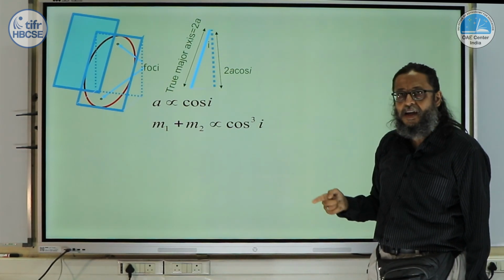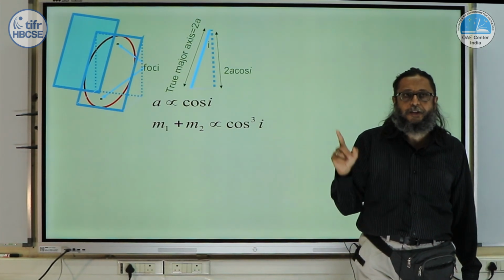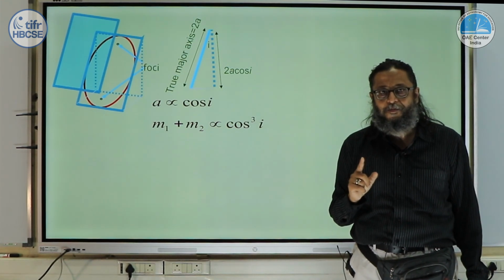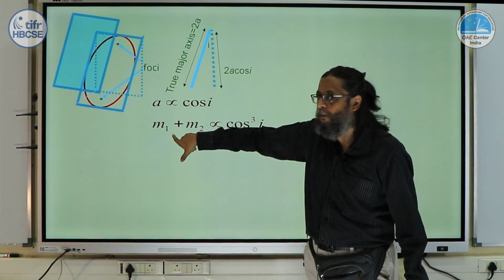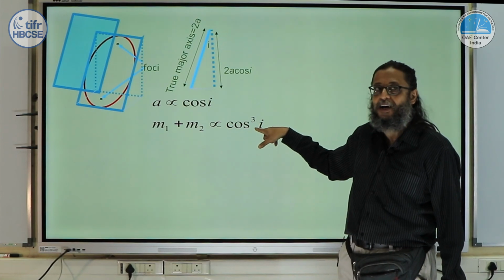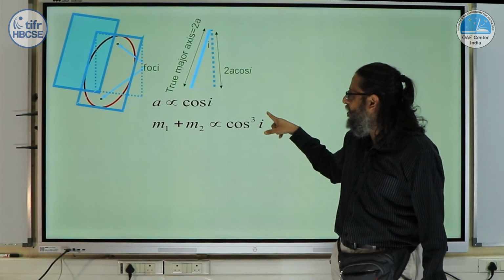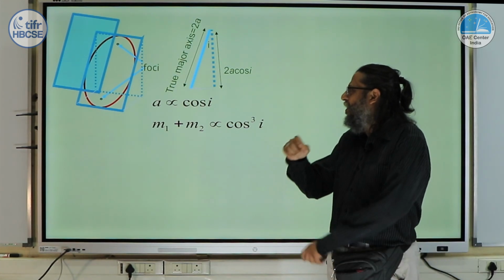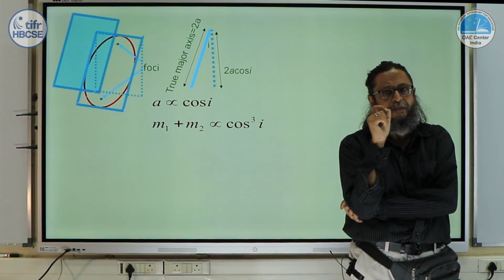Okay, and then if you go through the videos in which we dealt with the mass function of the system, you will realize that your m1 plus m2, the total mass function, then becomes proportional to cos cube I. So this angle of inclination is a very, very important property that needs to be measured.